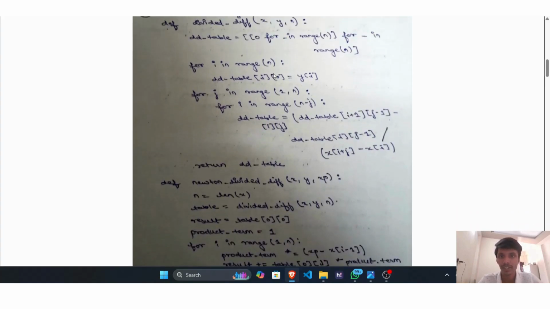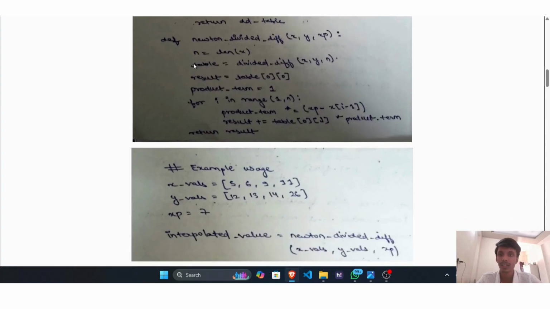Further, for i in range(n), it stores y[i] in the divided difference table and then computes the differences using two loops and again stores them in the divided difference table. This function returns the divided difference table after creating it fully. In the Newton divided difference function, we initialize n with len(x), which is how many terms there are in the argument. We create a variable table in which divided_difference(x, y, n) passes the values.